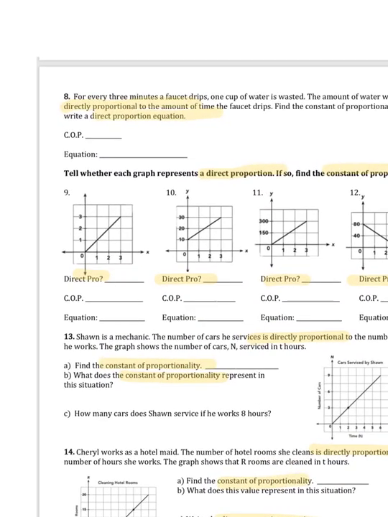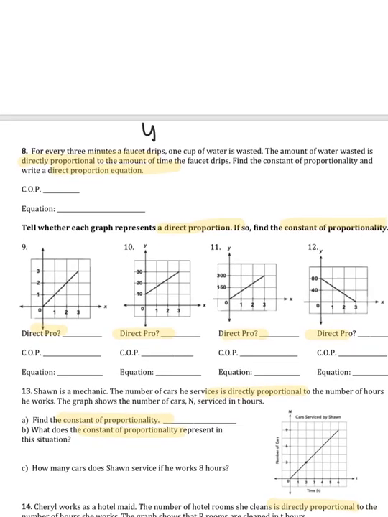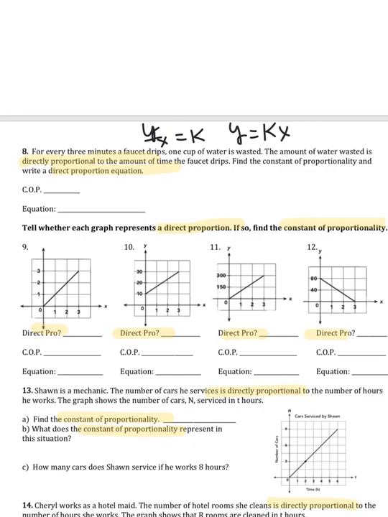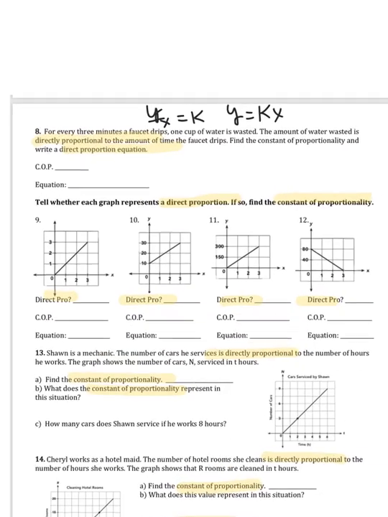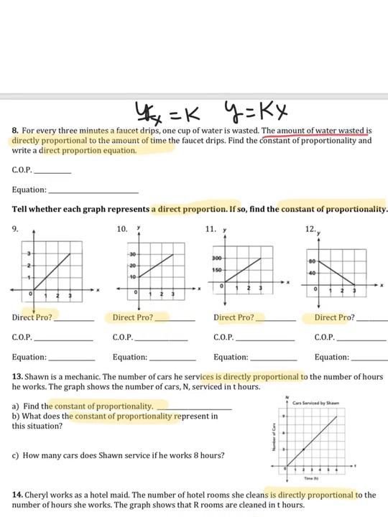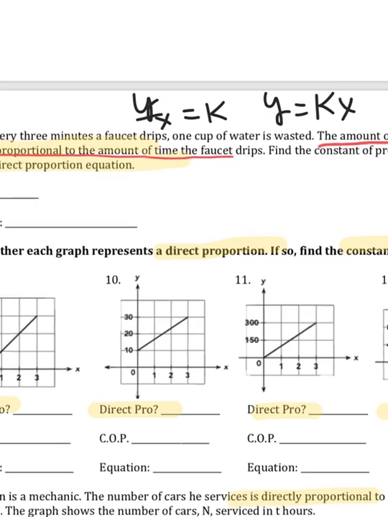Here we go. y over x equals k. y equals kx. All right, so for every 3 minutes a faucet drips, 1 cup of water is wasted. The amount of water wasted is directly proportional to the time the faucet drips.